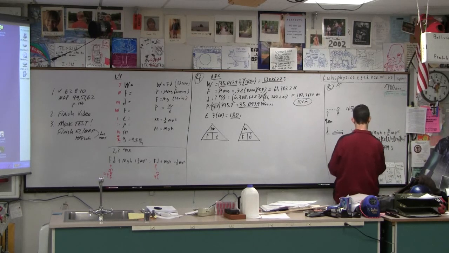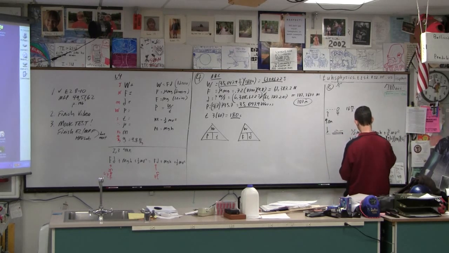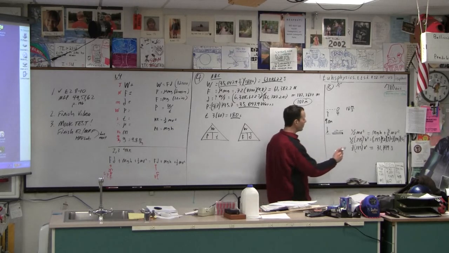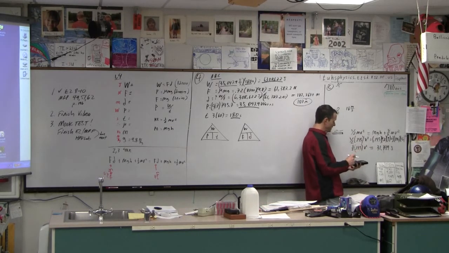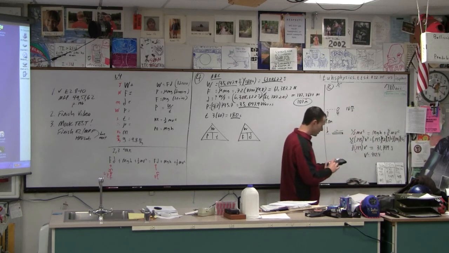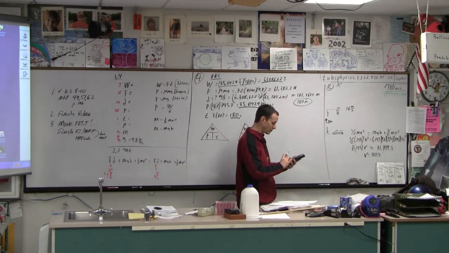Right? And now I'm going to multiply this by 2, divide by this. So times 2 divided by 0.145. And then I have to square root it, so I'm raising it to the 0.5 power.